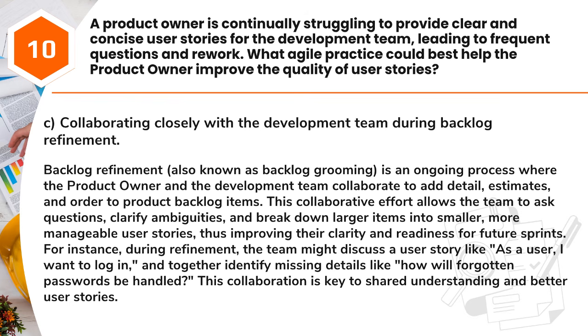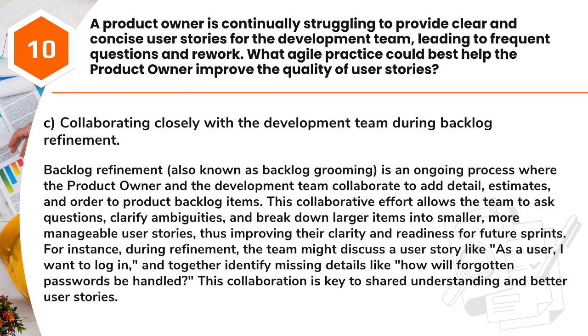Answer: C. Collaborating closely with the development team during backlog refinement. Backlog refinement, also known as backlog grooming, is an ongoing process where the product owner and the development team collaborate to add detail, estimates, and order to product backlog items.